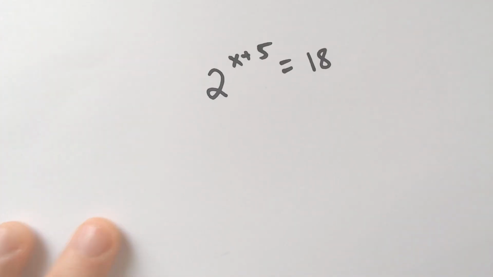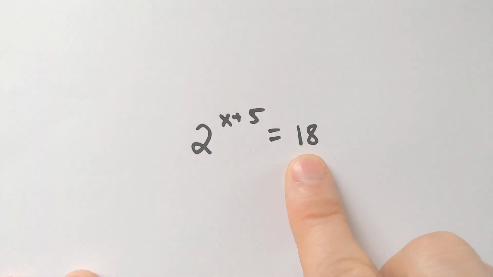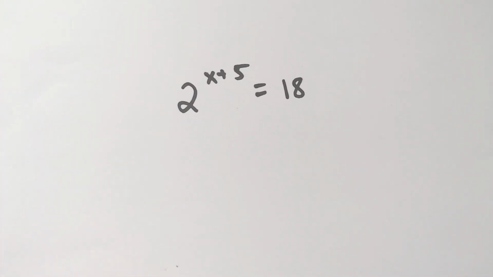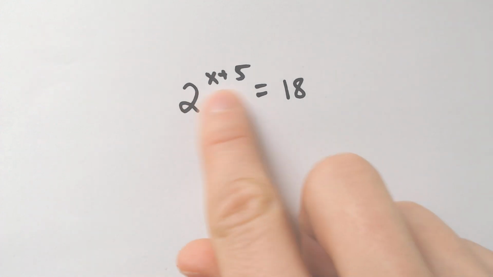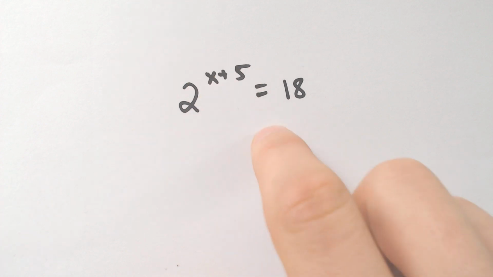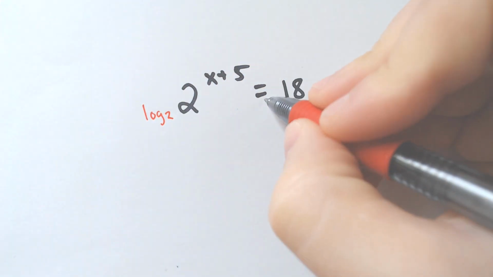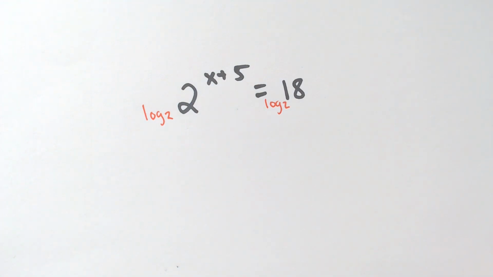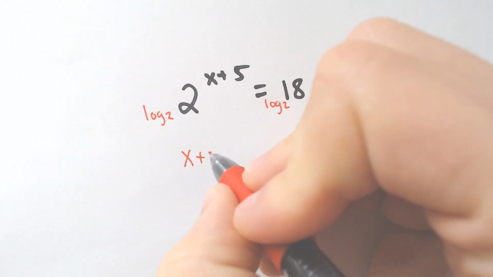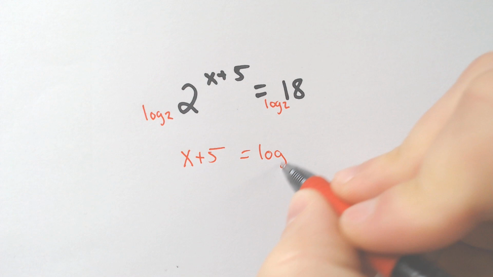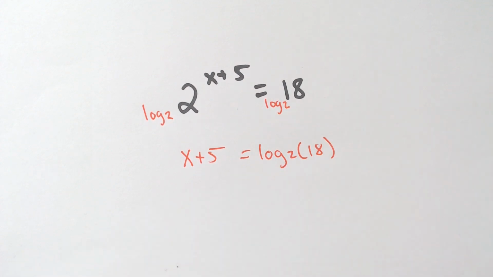One last one. We got 2 to the x plus 5 is equal to 18. And we're going to do the same exact thing here because the 2 is already by itself. I do not need to subtract the 5 here, but I do need to log base 2 both sides to give me x plus 5 is equal to log base 2 of 18.